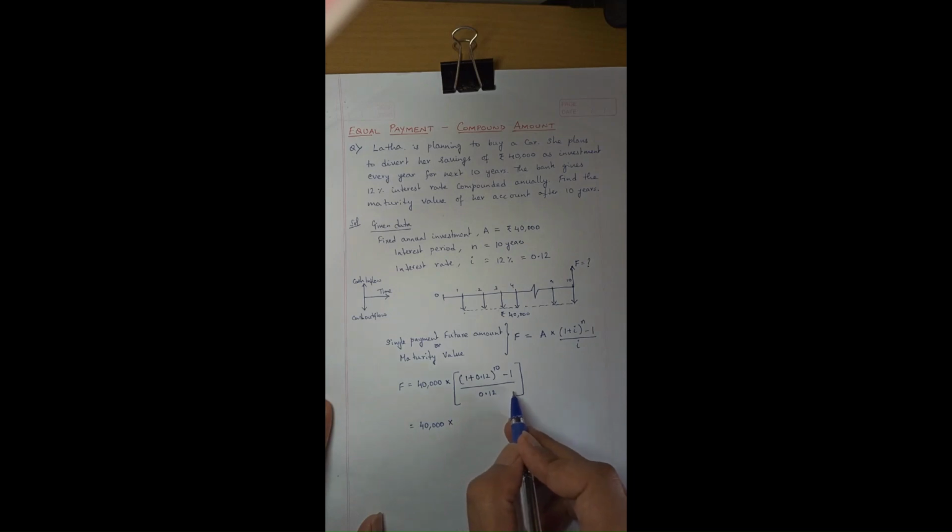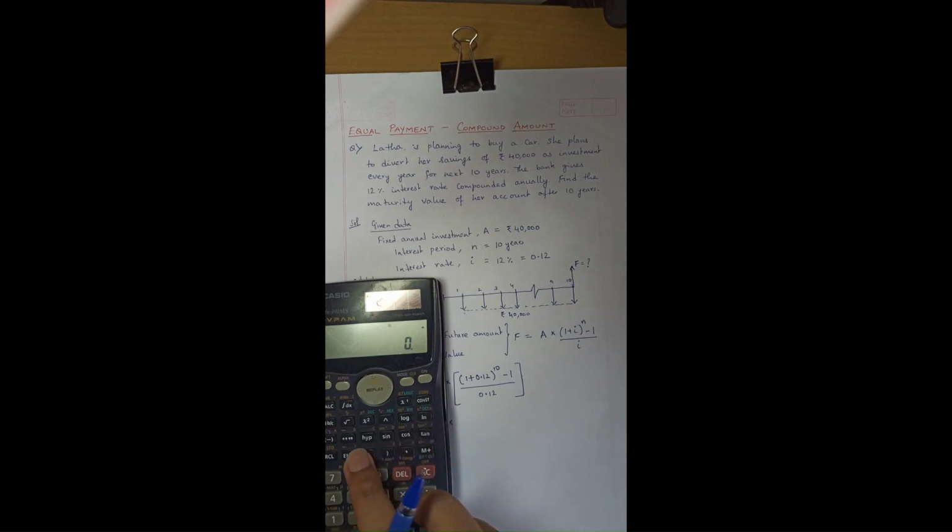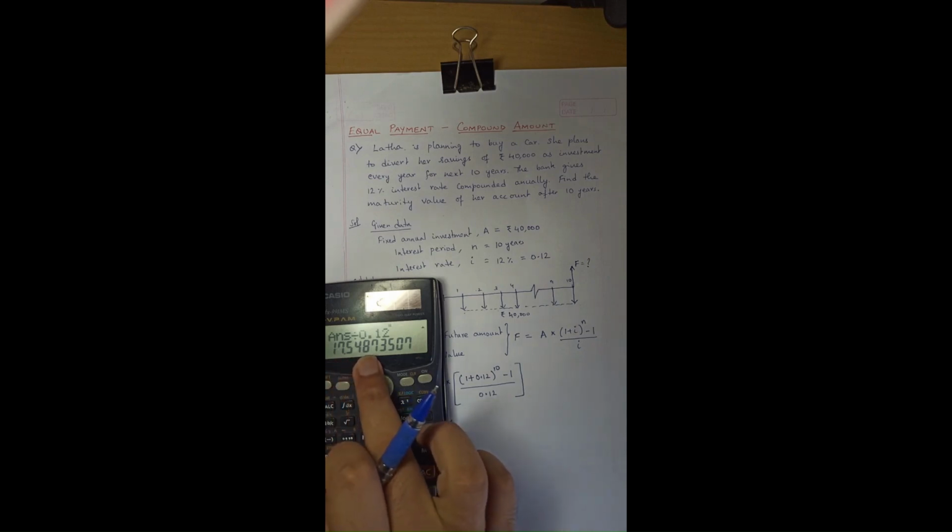Now we'll calculate what is the value of this term. Brackets open, I'll put double bracket, 1 plus 0.12 to the power of 10 minus 1, divided by 0.12, which I am getting as 17.548 or 549.